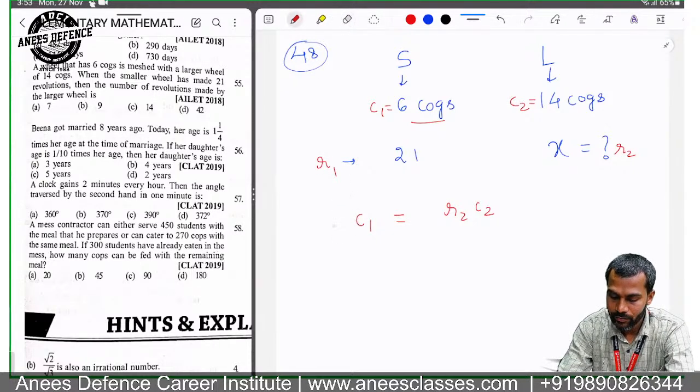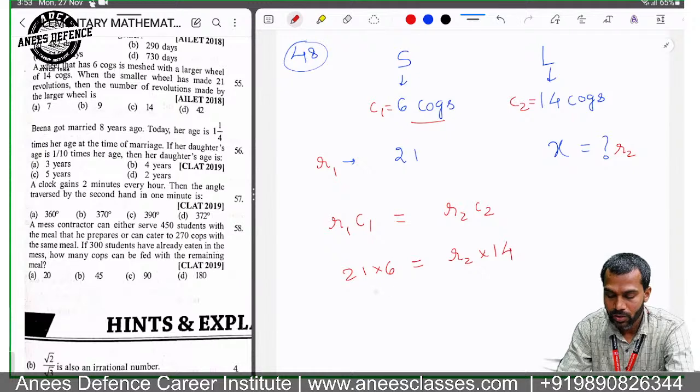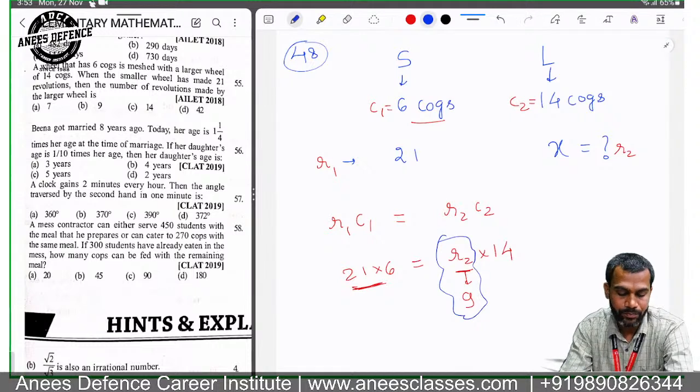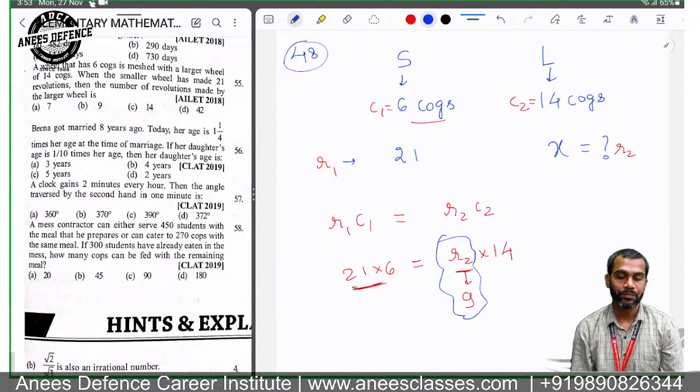So 21 into 6 is equal to R2 into C2, which is 14. So this is 126. So R2 should be 9. Yes or no? So B is the right answer.